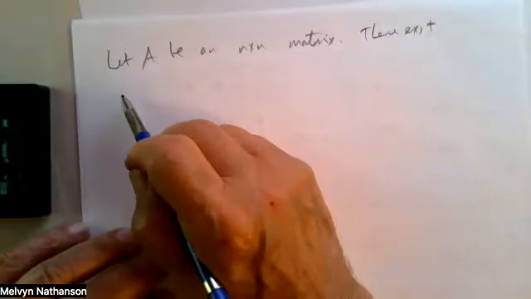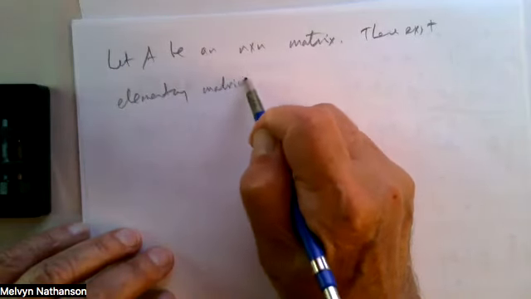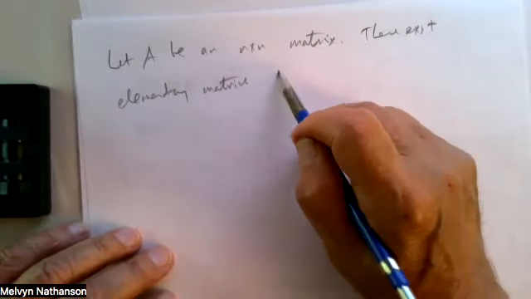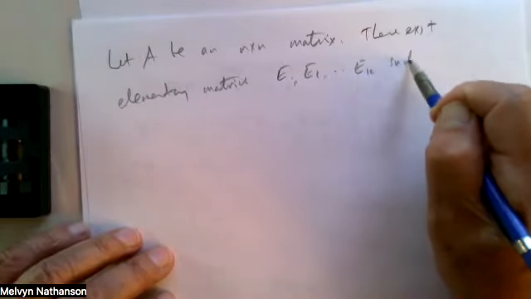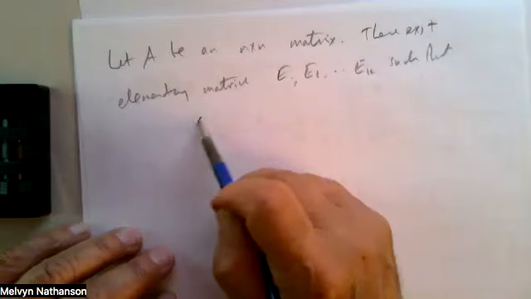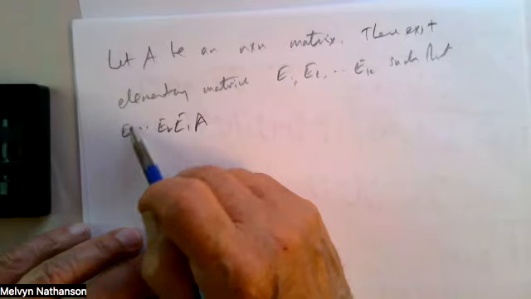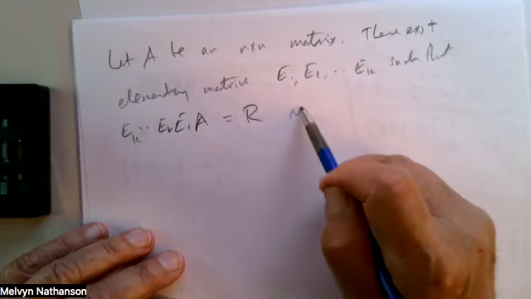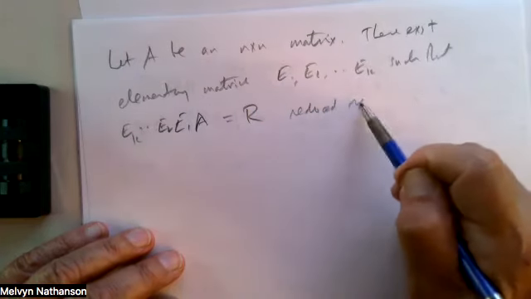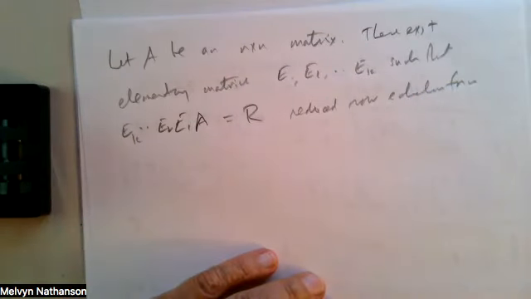There exist elementary matrices, let's say E1, E2, up to maybe E sub k, such that if I take A, multiply it on the right by E1, then by E2, and so forth up to E sub k, I get the matrix R, which is in reduced row echelon form.